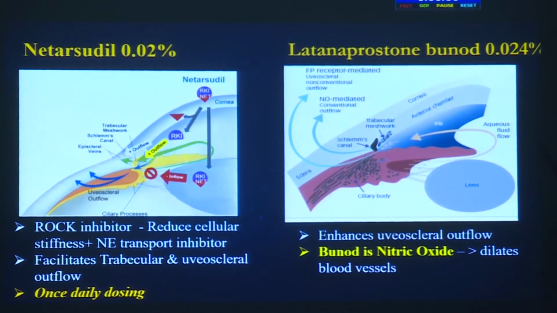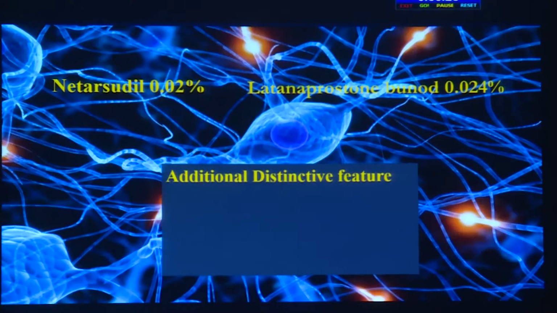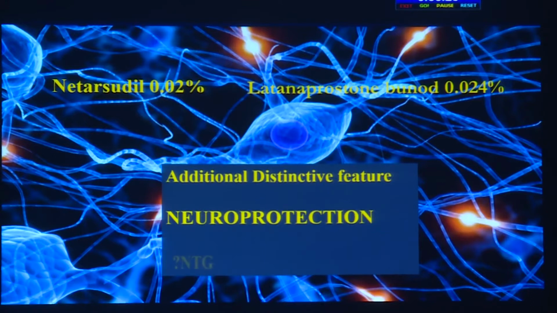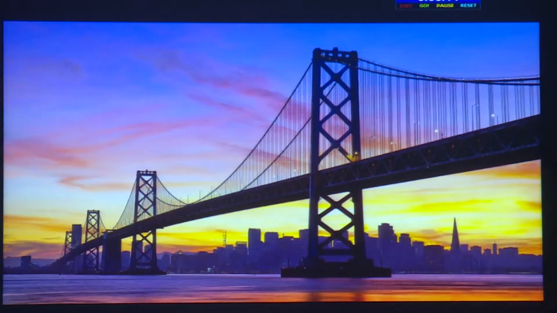Latanoprostene bunod enhances uveoscleral outflow, and it releases nitric oxide, which dilates the blood vessels and improves the microcirculation. Now both these molecules have an additional distinctive feature: they can give a neuroprotective action. So maybe they have a significant role when we are considering normal tension glaucoma patients.